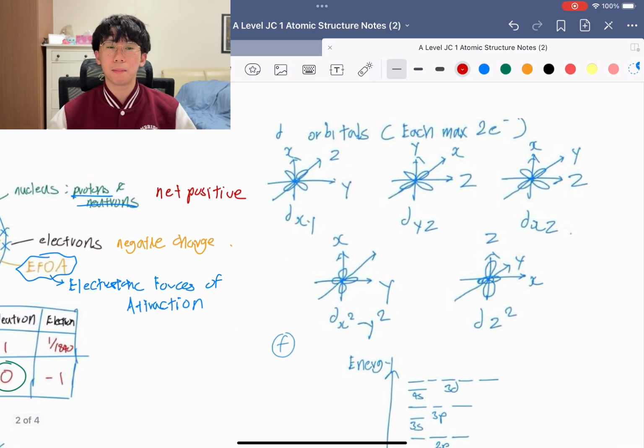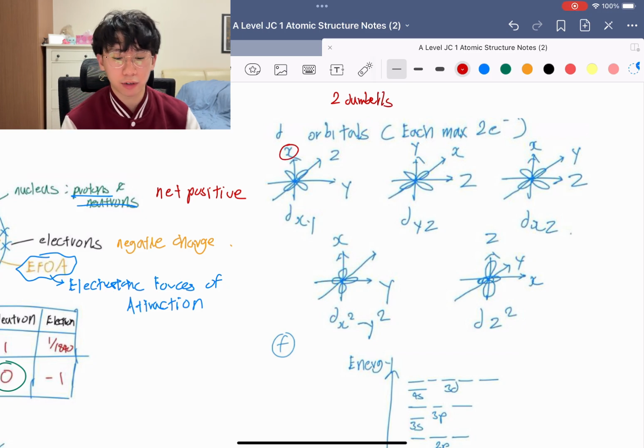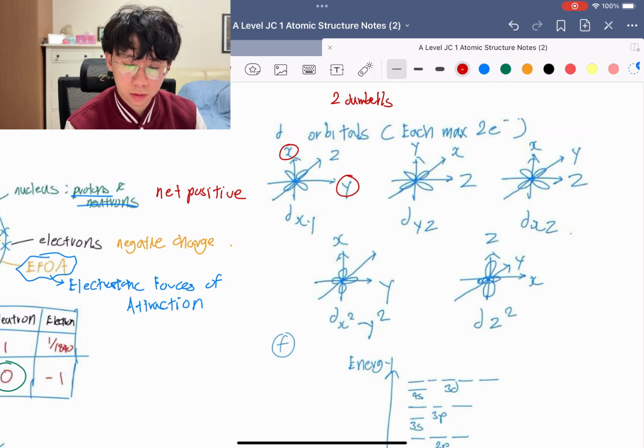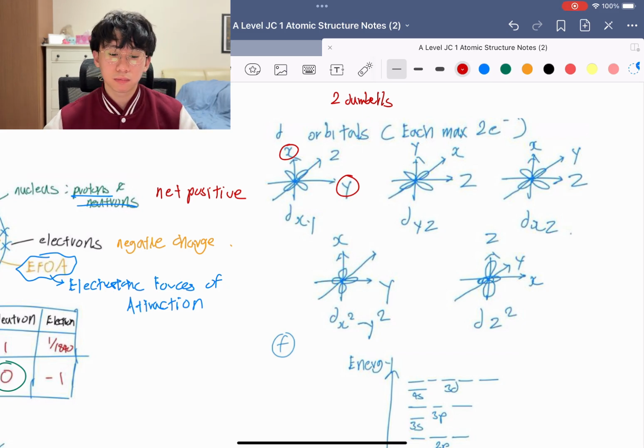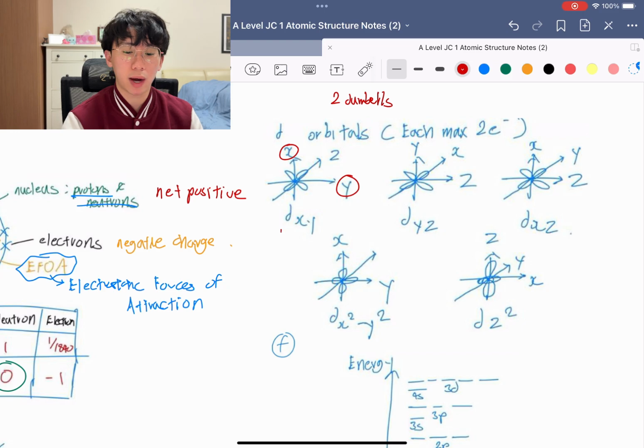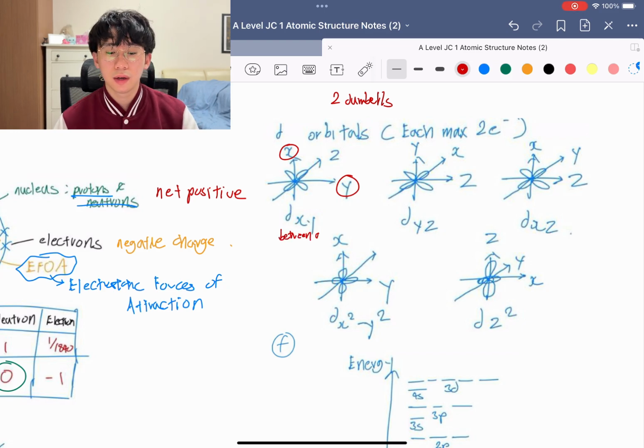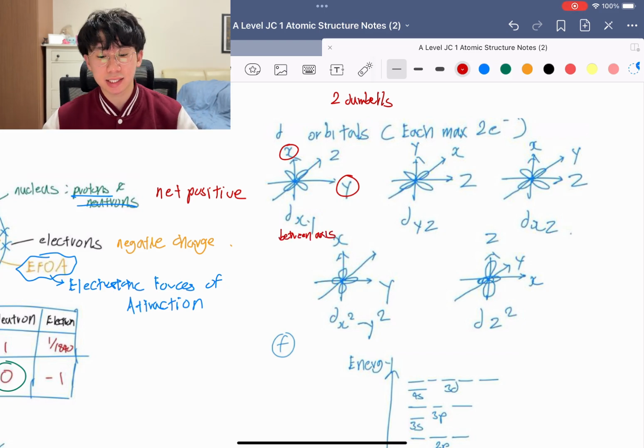So d orbitals mainly look like 2 dumbbells stuck together. How I remember the naming of the d orbitals is by going by the axis itself. So for example, dxy over here is the orbital between the x and the y axis. The same for dyz and dxz.